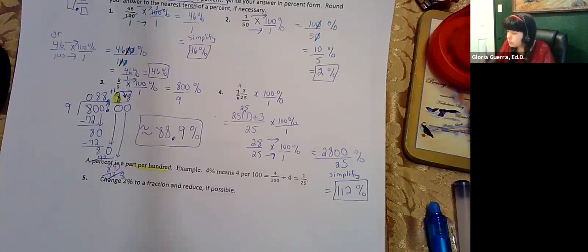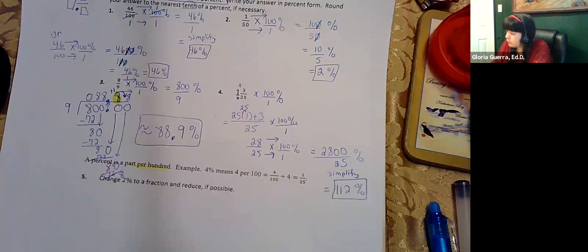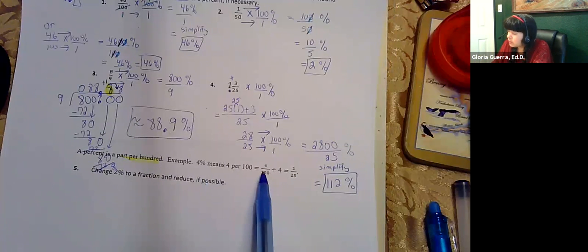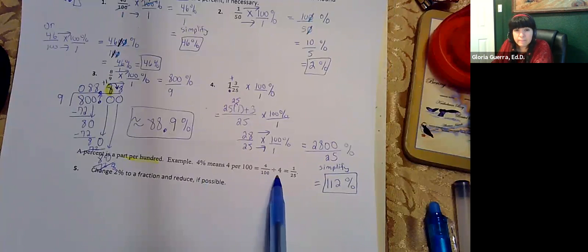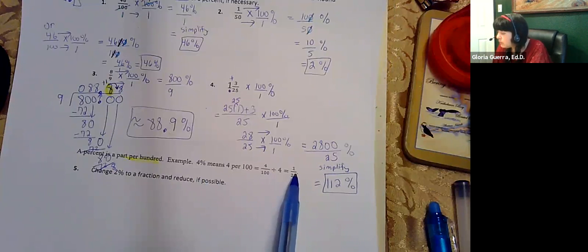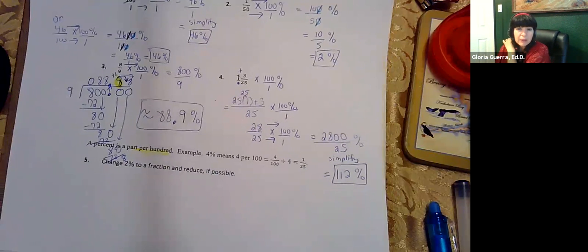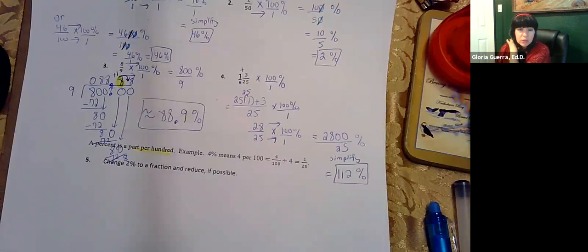So what we'll do on number 5, you look at the example here for 4%. Look how they put 4 over 100. And then they divided it by 4. 4 goes into 4 one time, 100 goes into 4 25 times. So they reduce that, and they made it into a fraction.